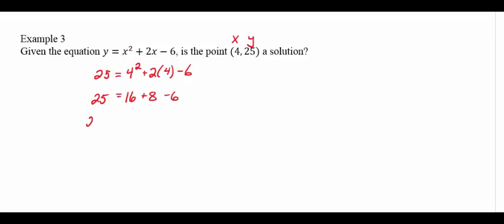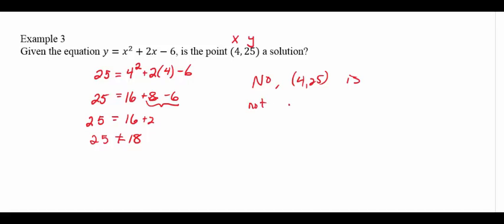So 25 equals 16 plus 8 minus 6, what we have is 18. 25 does not equal 18. So is 4, 25 a solution? No. 4 comma 25 is not a solution.